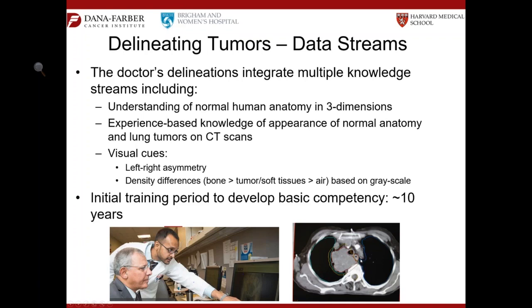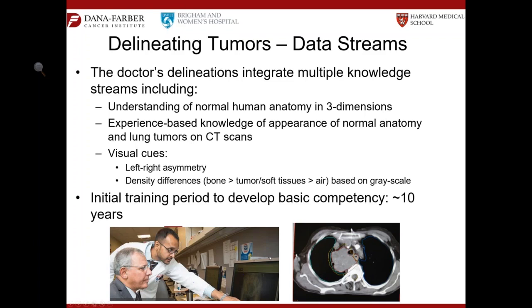We're looking for density differences, textural differences essentially between things that may be more dense, such as the bone, versus the least dense, like the air, and with tumors and other soft tissues like the muscles having an intermediate density. And we're really looking for those slight variations in grayscale to identify the tumor.